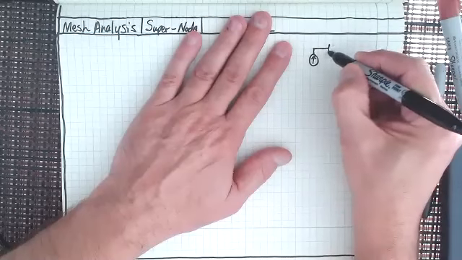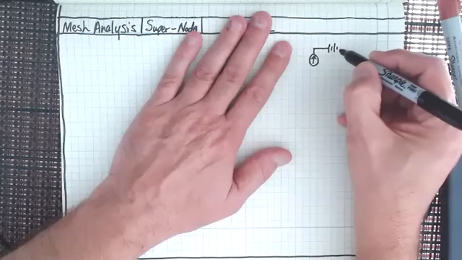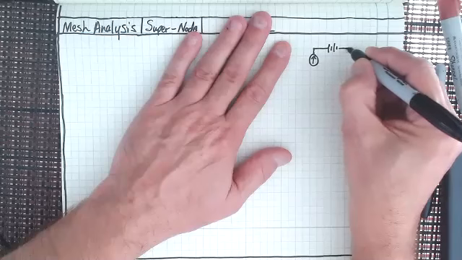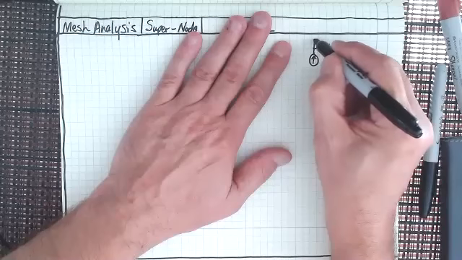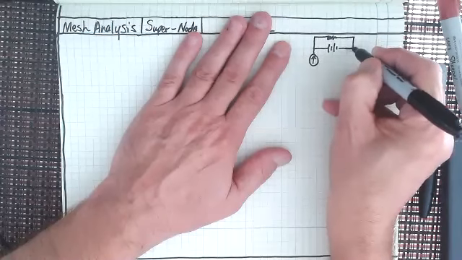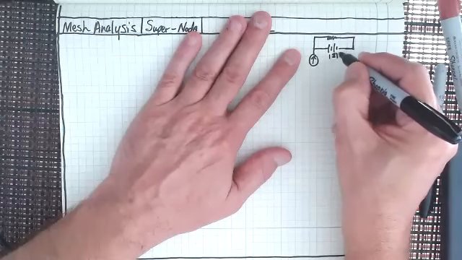That's when you use a supernode, or you could use a supermesh to solve a problem like this too. But some things lend themselves to supermesh analysis, and some things lend themselves to supernode analysis.